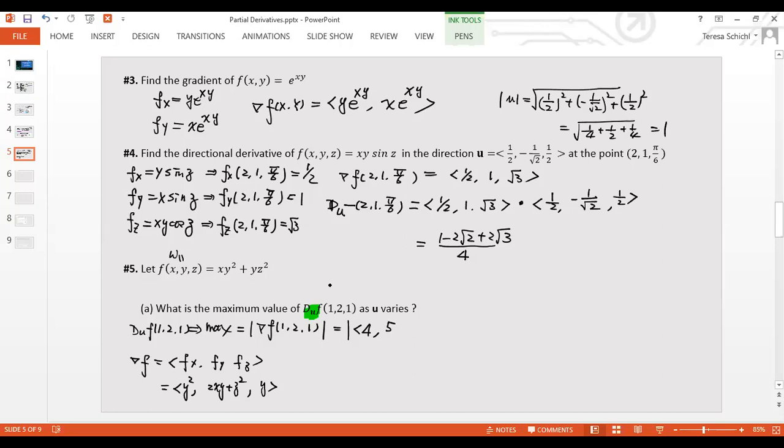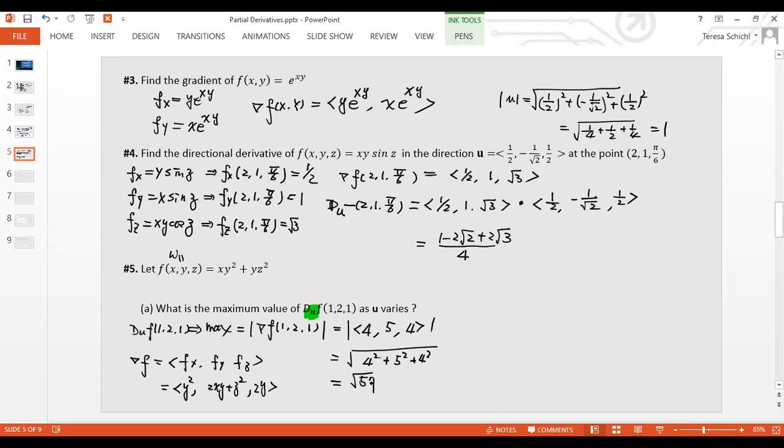And then the last one is 2yz, so it's 4 here, right? Okay, so then this one is just the square root of 4 squared plus 5 squared plus 4 squared. So this one will be the square root of 57.